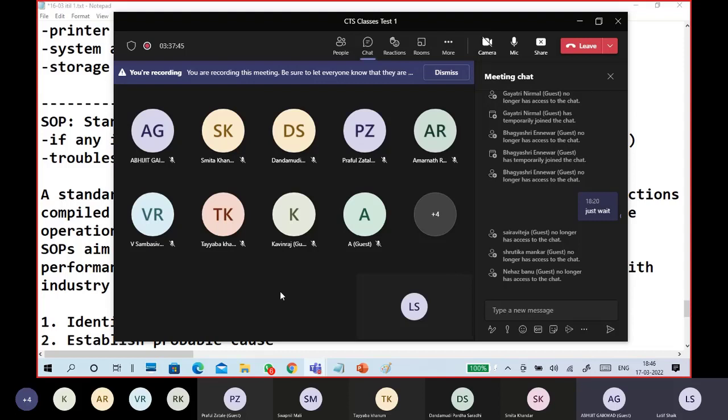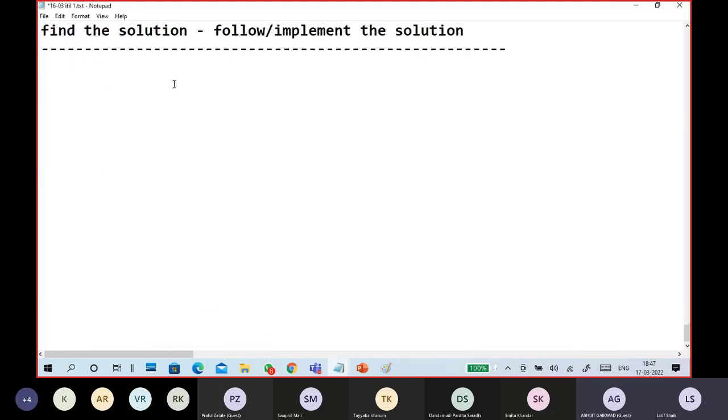What is NTFS? How to check an IP address? How to use the ping command? What is a BSOD? These are very important things in any interview. What is a MAC address? Ping command, troubleshooting related ping commands. Okay, so you can check whether the cable is connected or not. If internet is not working, what to do?